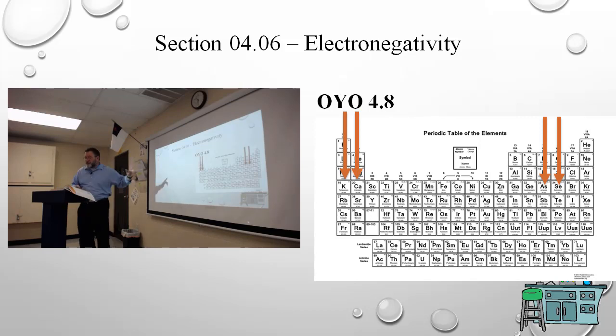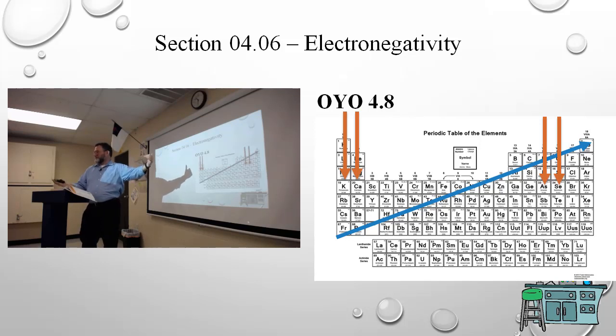It says which of these desires electrons the most? In the language of electronegativity, which one has the higher electronegativity? And we know the trend is up and to the right, just like with ionization energy. So which one of these is highest and rightest? Hopefully that misspeaking helps you, right? Which one is highest and rightest?